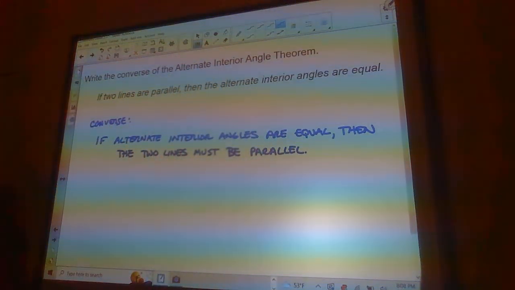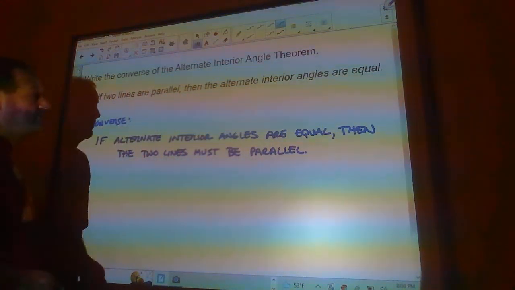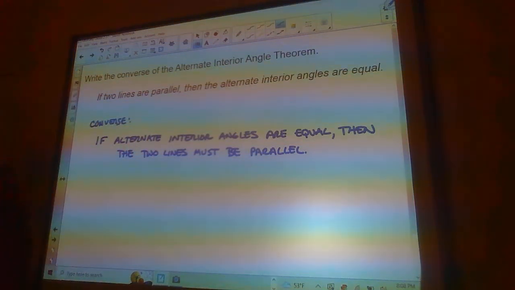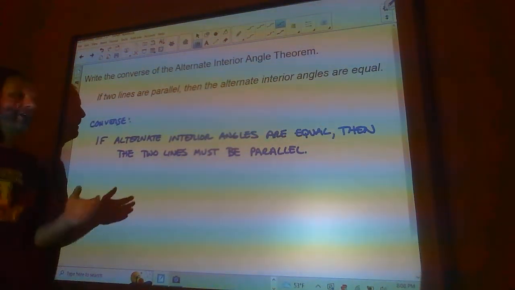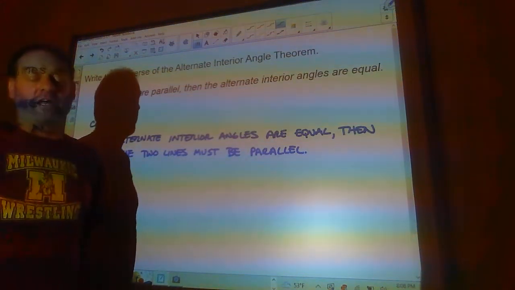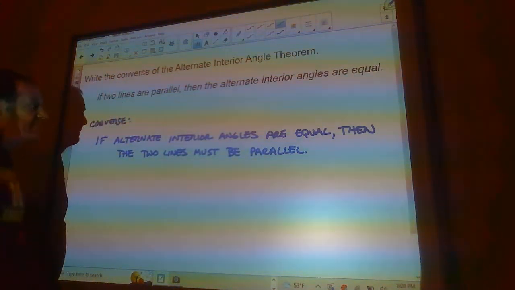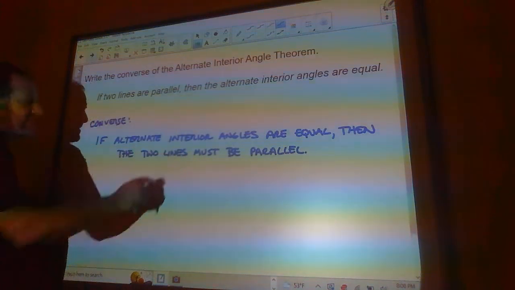Okay, now in this case, the original statement is true and the converse is true. They're both true. When that happens, that creates something called an if and only if statement. So you can say two lines are parallel if and only if the alternate interior angles are equal. What that means is both this statement and this statement are true.